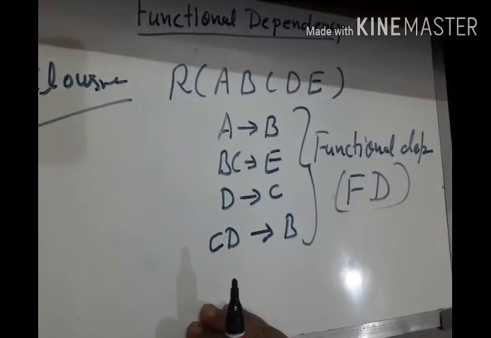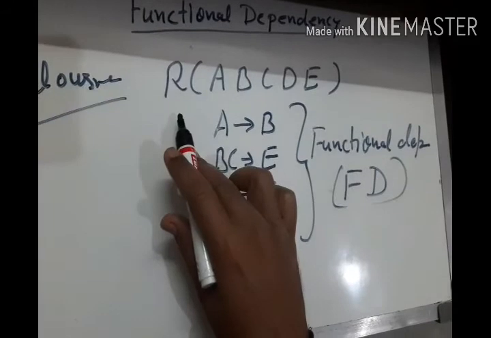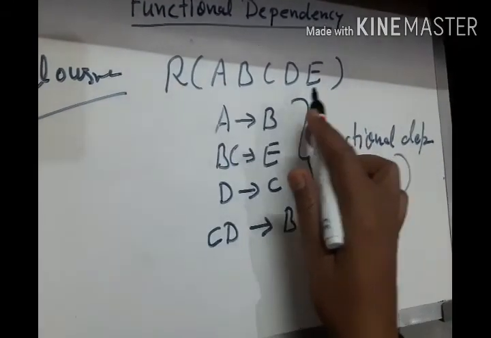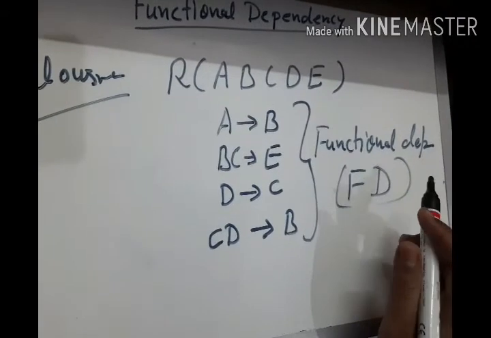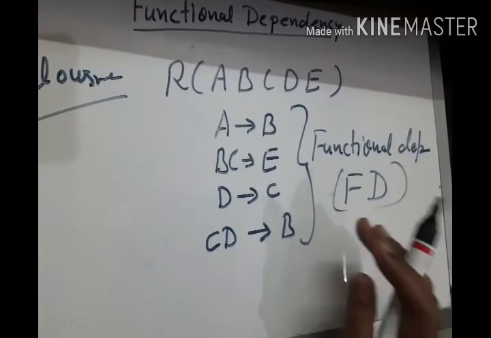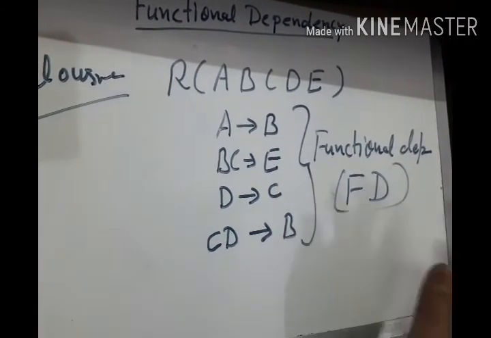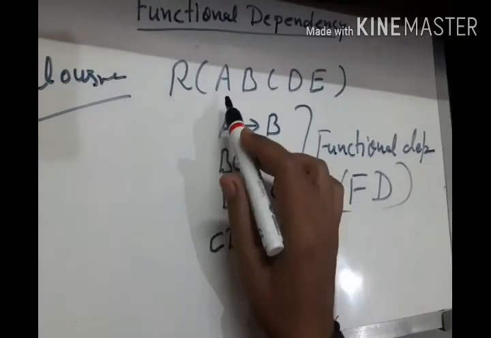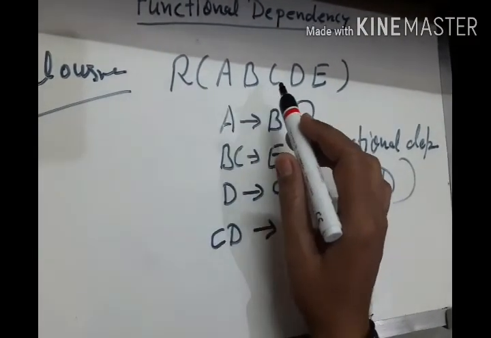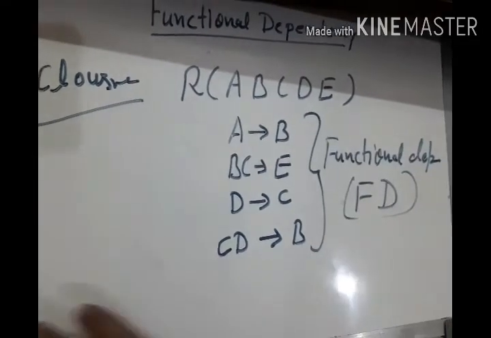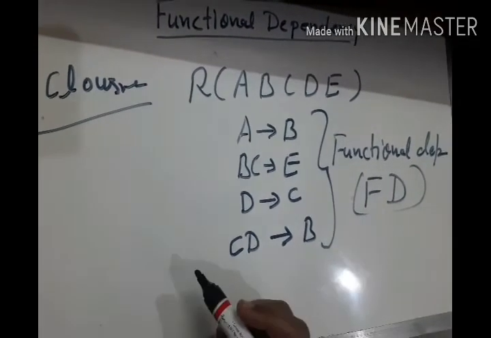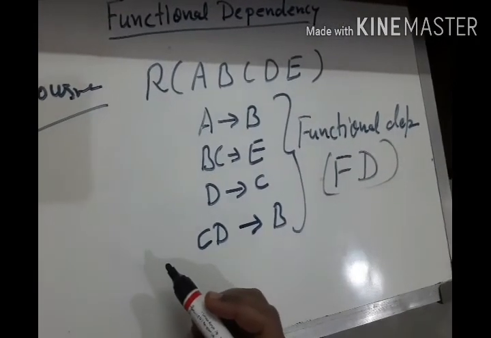In this example I have taken a table R with some columns and some functional dependencies given. Now a question could be to find the closure of any attribute, for example find the closure of A, of B, of C, D, etc.